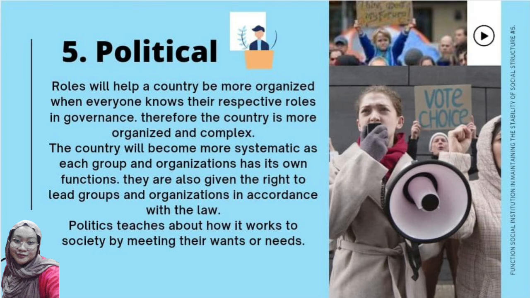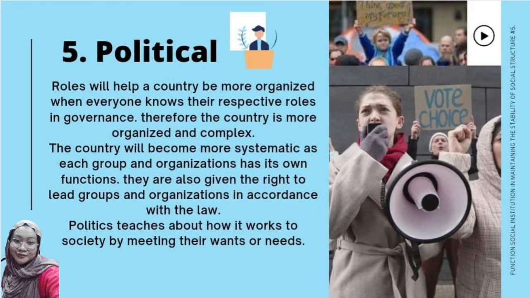Function of political institutions in maintaining the stability of social structure. Political roles help a country be more organized when everyone knows their respective roles in governance. Therefore, the country is more organized and complex.